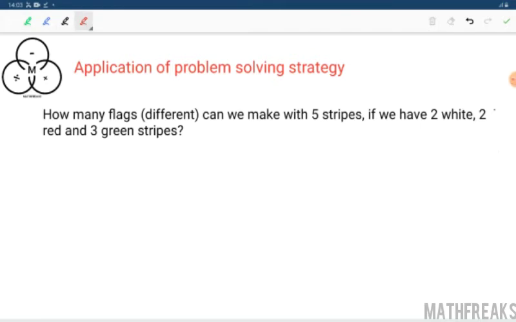Consider that the strips are either horizontal or vertical. Now let's solve it. 2 white, 2 red, 3 green.